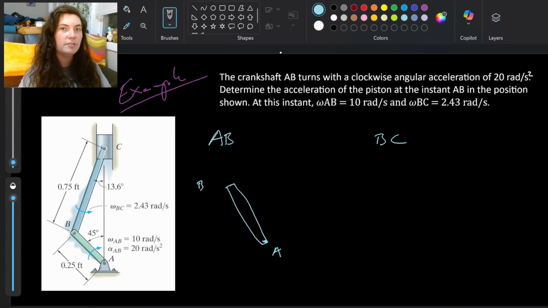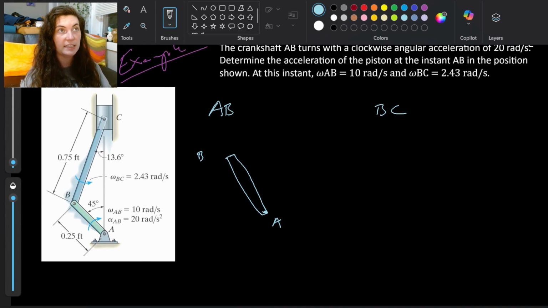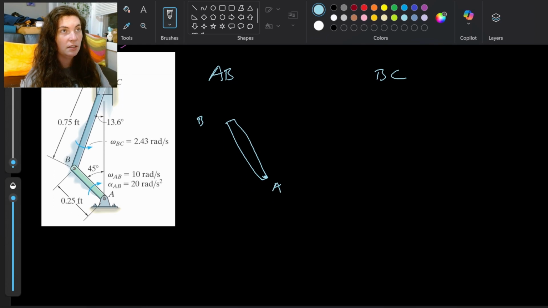We don't have to use the general plane motion form, because it's just rotating about that fixed axis at A. And even if we did want to, the equations are very, very similar, so you could probably figure it out either way.